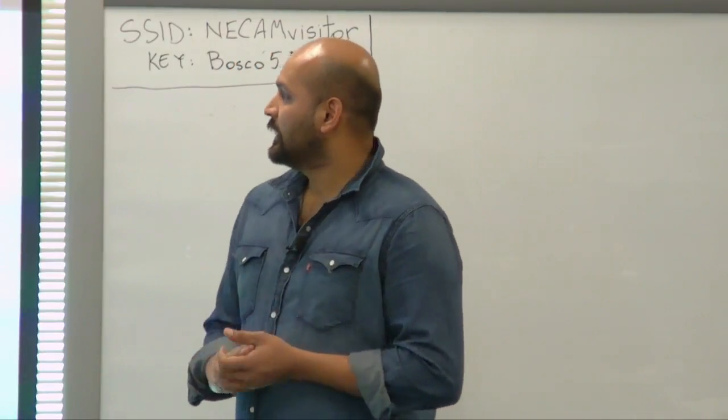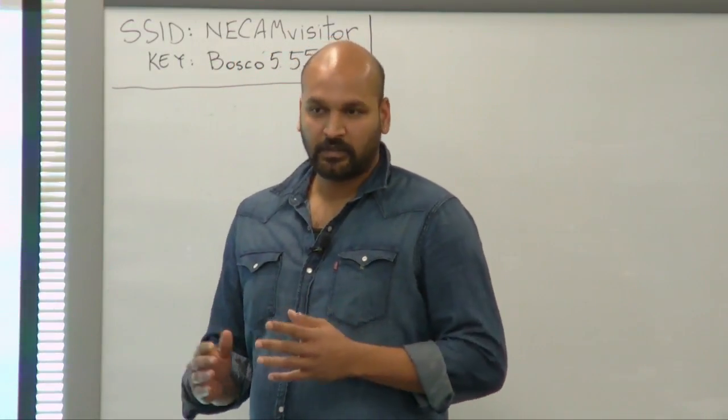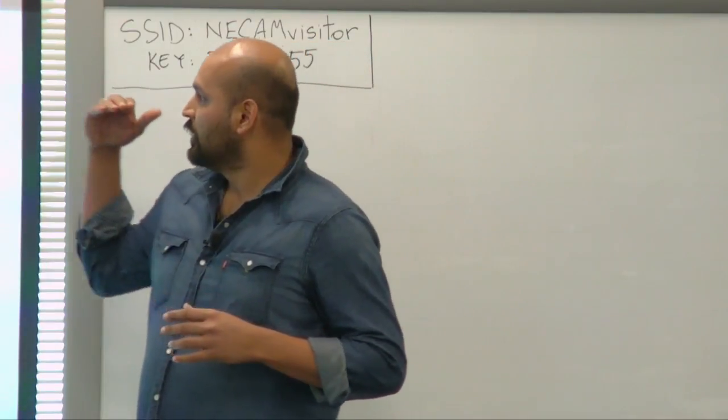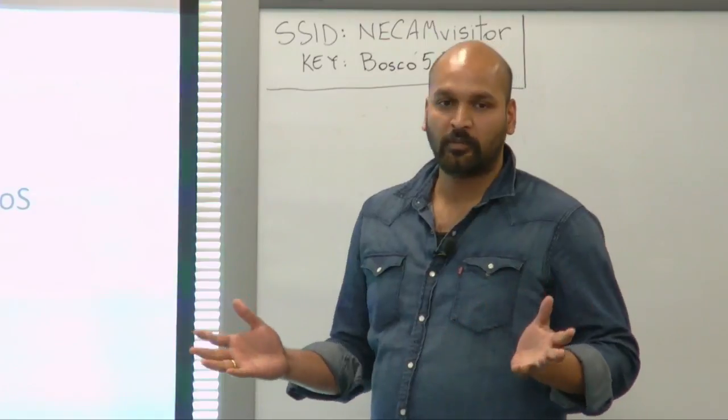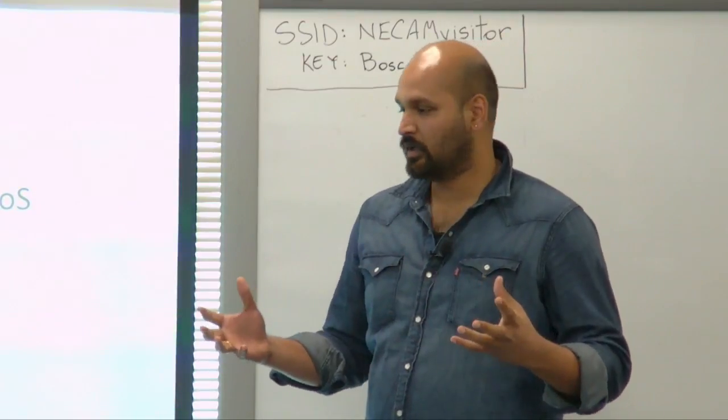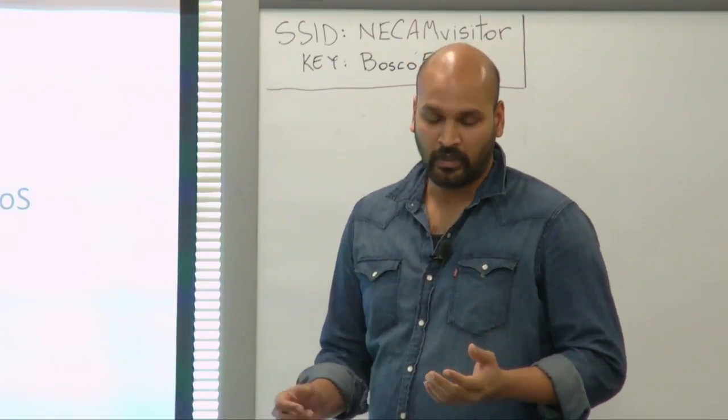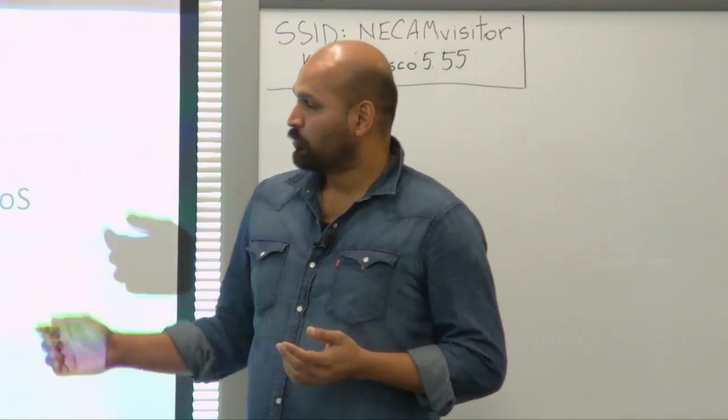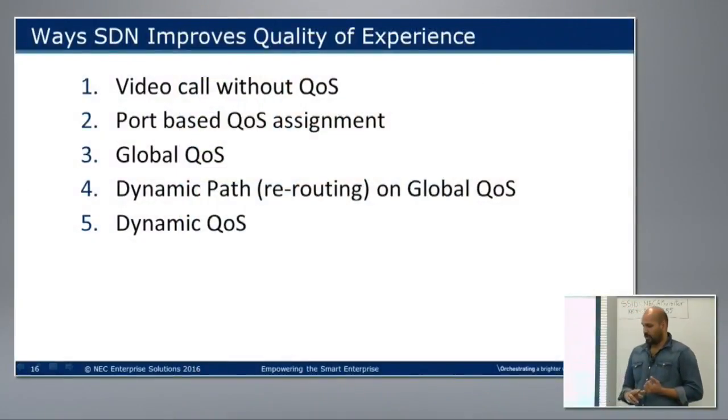To get started, I would like to start from scratch. This client-to-client UC application is deployed on an SDN network. In the first part of the demo, I'm going to introduce no QoS and no policies on the network, which is going to affect the call quality.